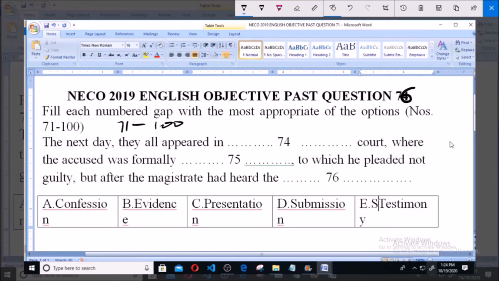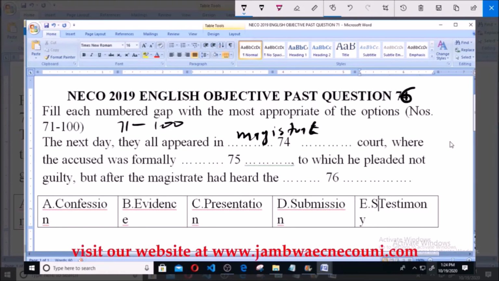The statement here says: the next day they all appeared in magistrate court, we have answered this, magistrate court, where the accused was formally examined, we have answered this.